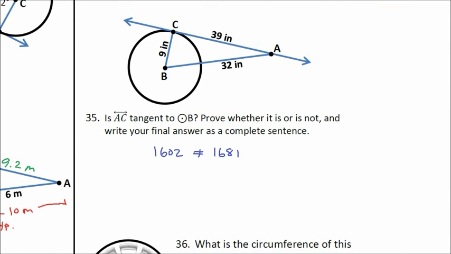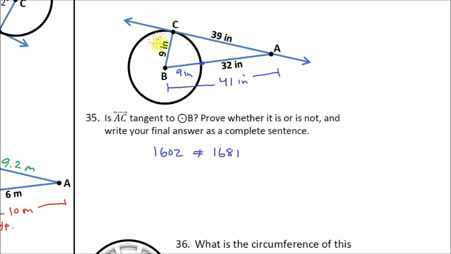Here is part of the answer for 35. As you check this out, you would find that the Pythagorean theorem is not true. On this particular example, class, just want to make sure you know, in this case, we're not given the entire length of AB. We're given only the distance from the circle to point A. That means you have to add 9 to this side, and that means this is going to be 41 inches.